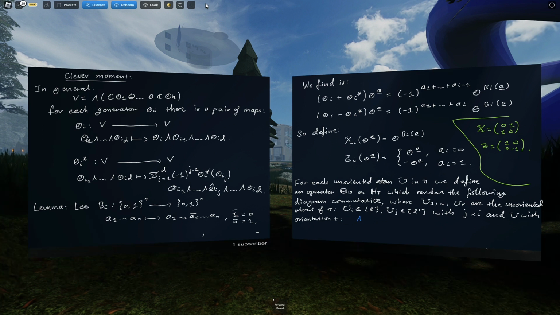Okay, so we have this total space. Oh wait, those are tensors. And do the same thing downstairs.